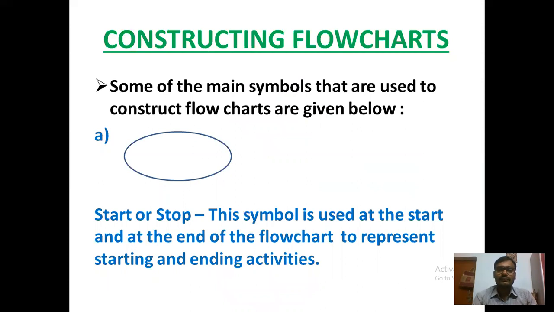Now, for constructing a flowchart, here are some of the main symbols given in our book. First one is the start or stop symbol. This symbol is used at the start and at the end of the flowchart to represent starting and ending activities.